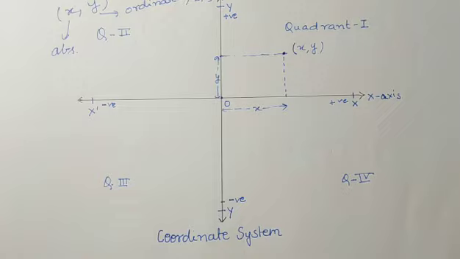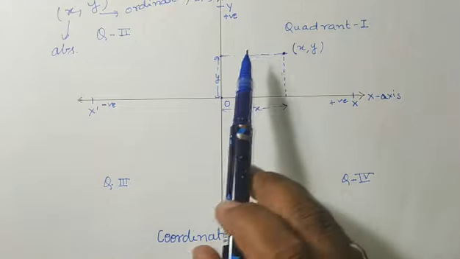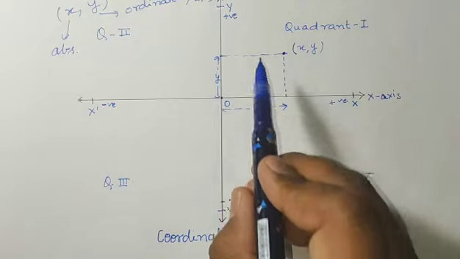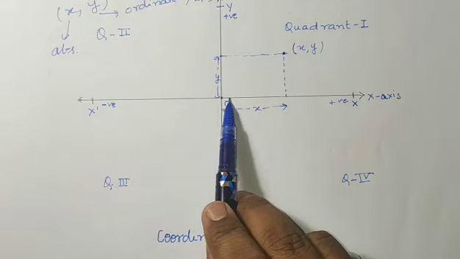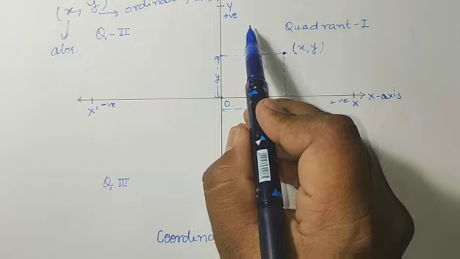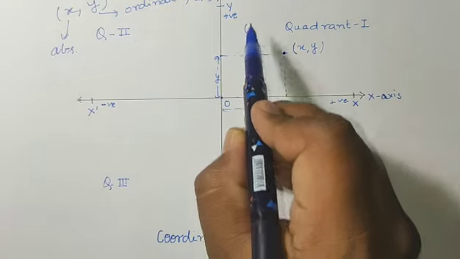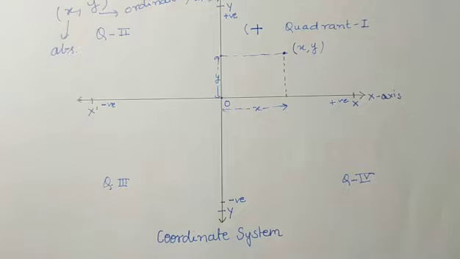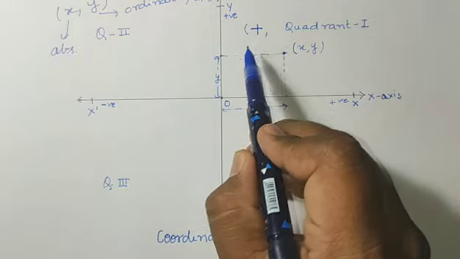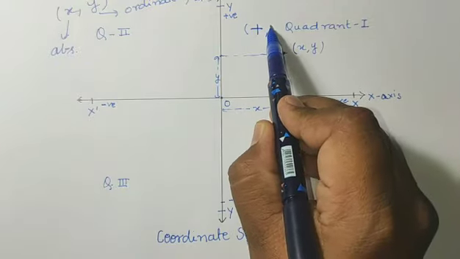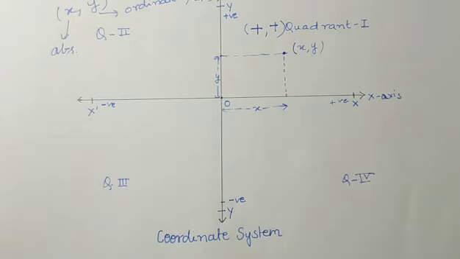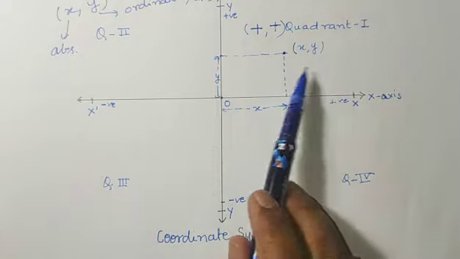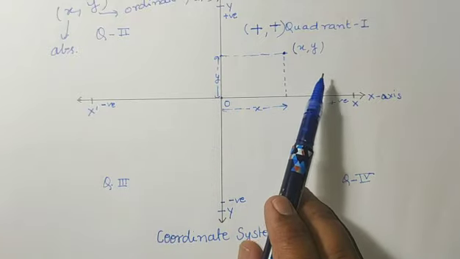Now see, in quadrant first, the signs of abscissa and ordinate: on the right hand side of 0 positives are there, so all x are positive, and y is above 0, so it is also positive. So in quadrant first, abscissa and ordinate both will be positive.